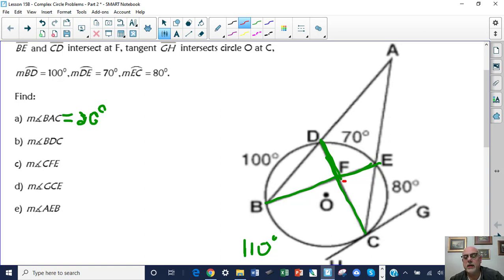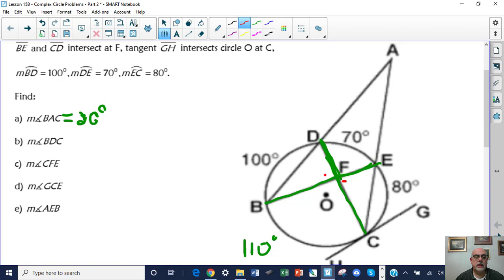I just put a red dot there. We know it's going to be the same measure as the one across from it, the vertical angle there. The measure of an angle formed by two chords intersecting inside the circle, that's the exception to the rule: you add the arcs of 80 and 100, divide by 2.